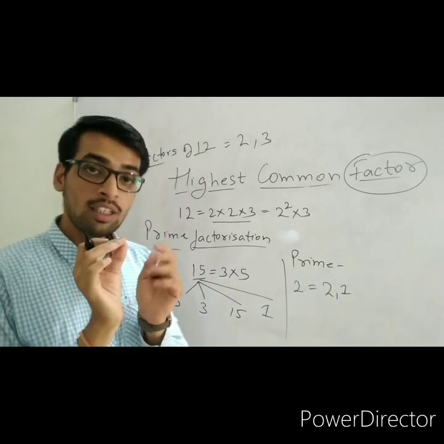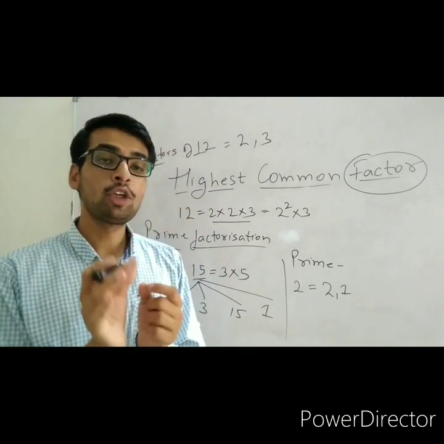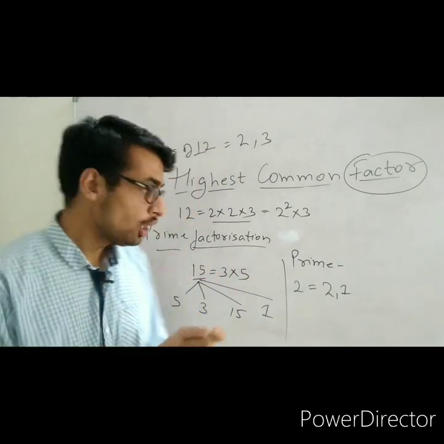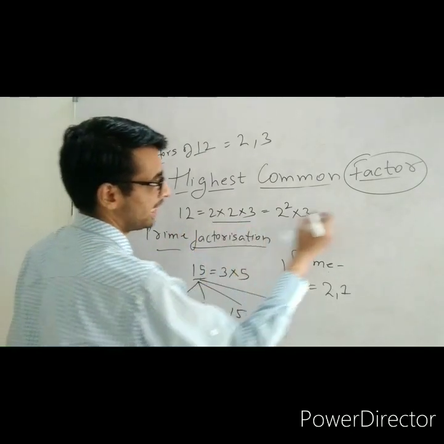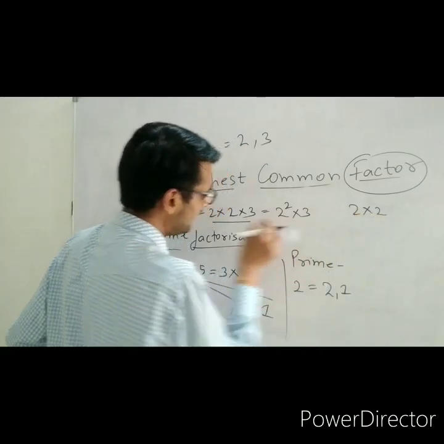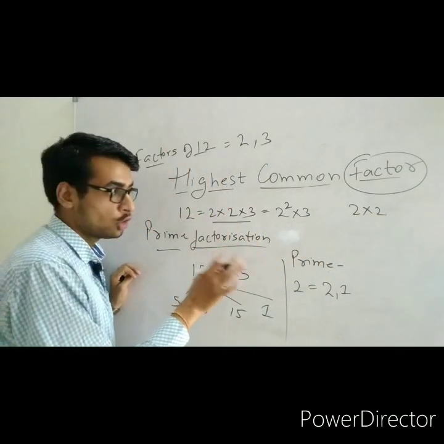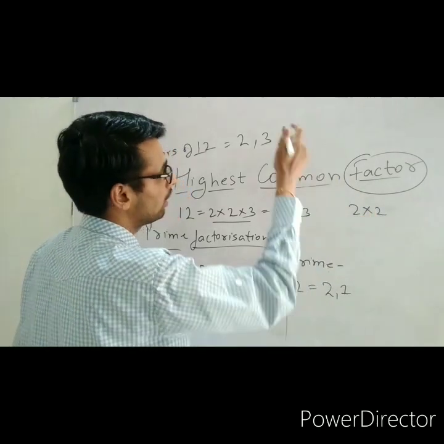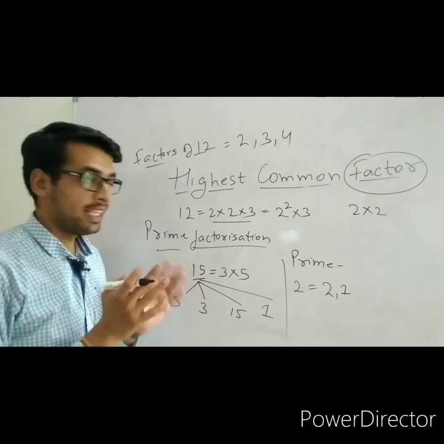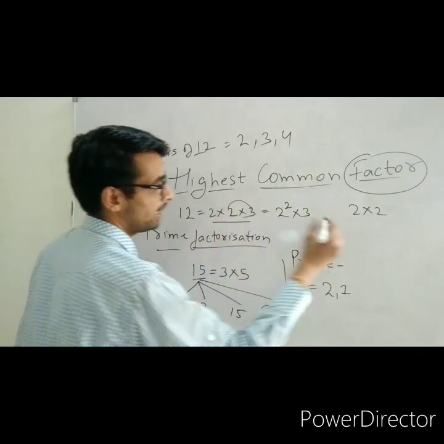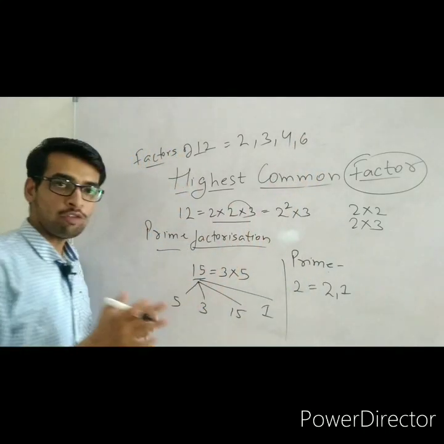The two numbers could be the same or different, but you have to make the combination from this factorization only. We can write 2 into 2, because in this factorization we have 2 multiply 2, which is 4, and 4 is a factor of 12. In the same way, 2 multiply 3 is 6, so 6 is also a factor of 12.